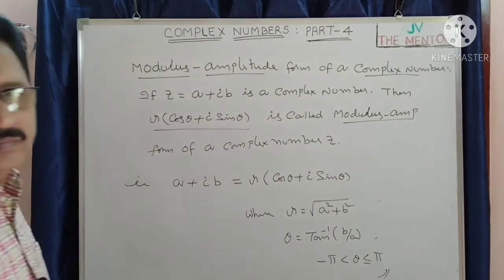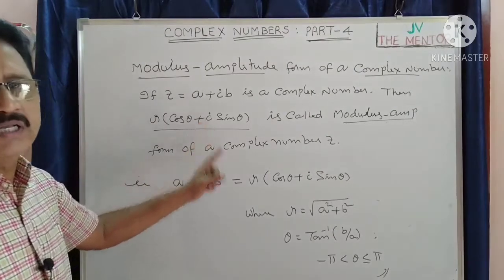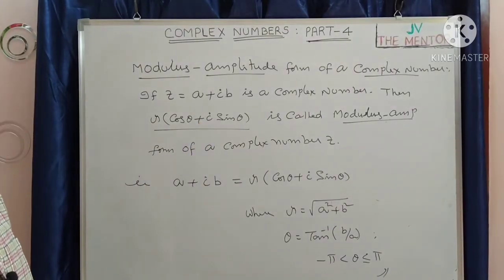Write down. This is the modulus amplitude form of a complex number.